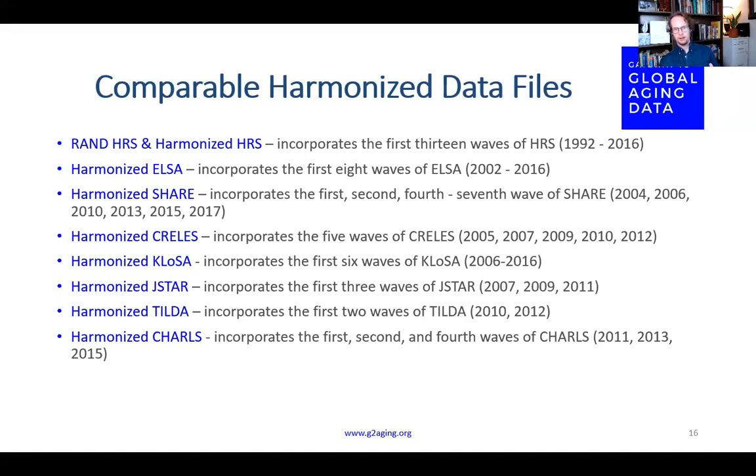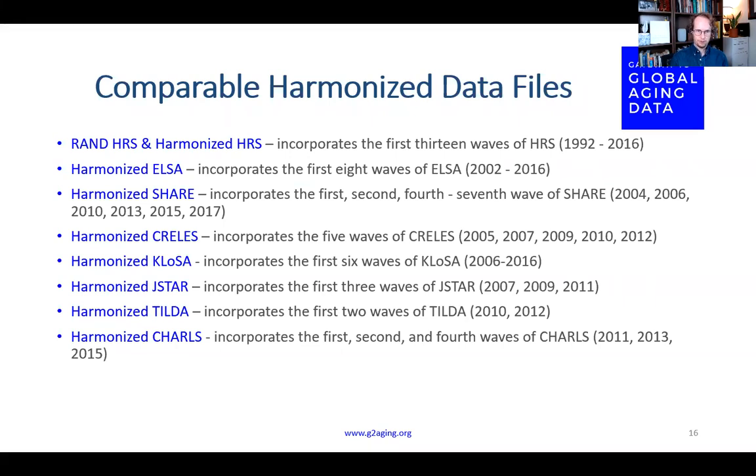The harmonized HRS is kind of a supplementary data file, which is produced by our team at USC. And that just includes some extra variables which the RAND Corporation doesn't incorporate into their version, and particularly variables which are focused on cross-study harmonization. So the RAND team is a little more interested in just comparing between different waves of the HRS. So some of those variables for cross-study comparability are in the harmonized HRS.